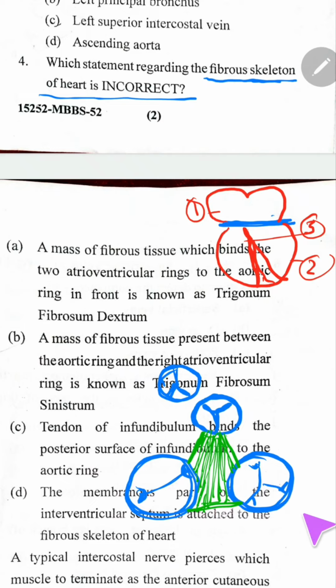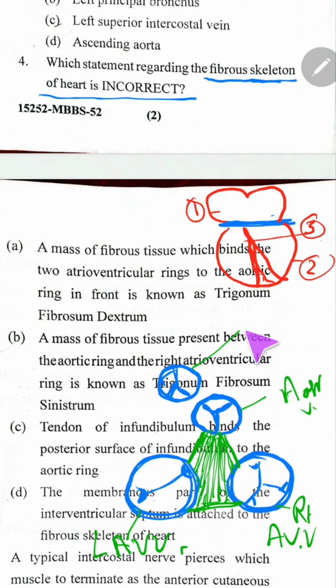This is the pulmonary valve, and this is the right AV valve. Okay, and this is the left AV valve. This is the aortic valve, and this is the pulmonary valve.